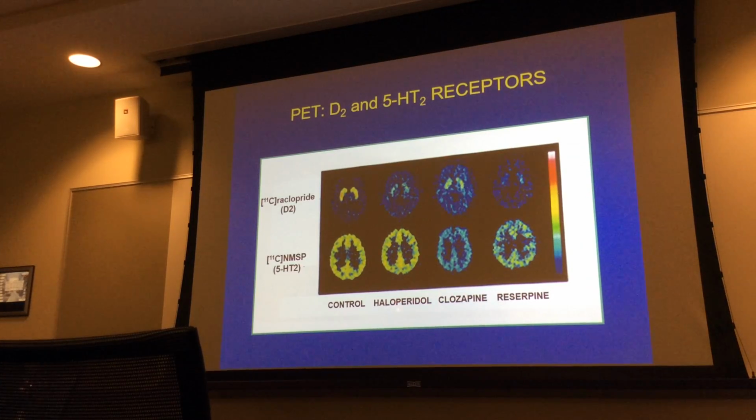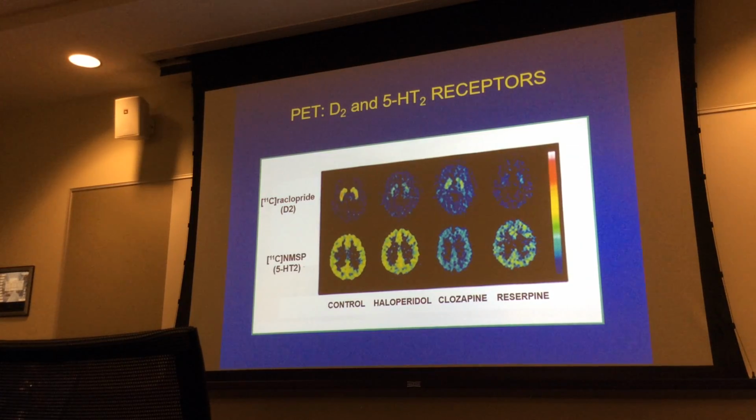Now, this particular patient was pre-injected with unlabeled haloperidol, which is a potent D2 antagonist. So once again, if you pre-inject with the unlabeled haloperidol, it is going to bind to those D2 receptors, and so then when you inject the C11 raclopride, you're not going to see as much labeling anymore.